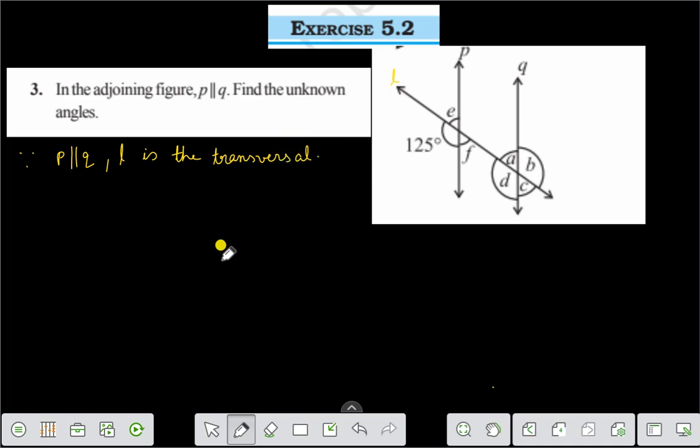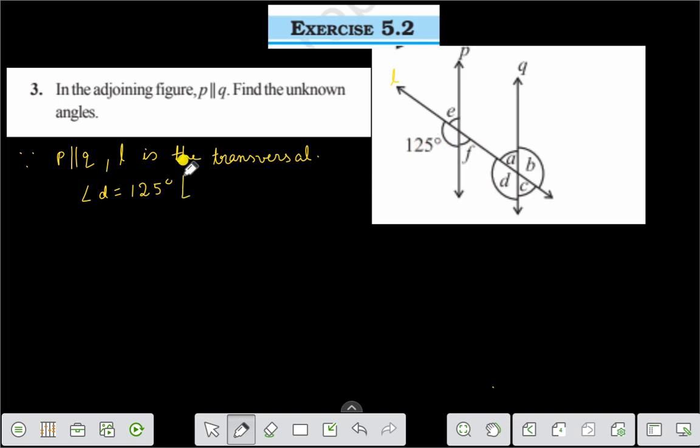We can say that this angle and this angle are corresponding angles. Therefore, we can say that angle D is equal to 125 degree. Why? Because if P and Q are parallel and L is a transversal, then angle D is equal to 125 degree, because these are corresponding angles.